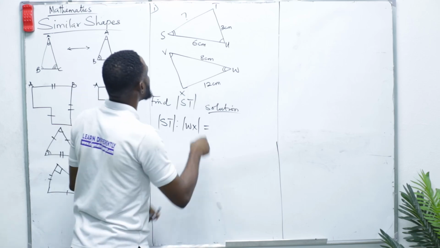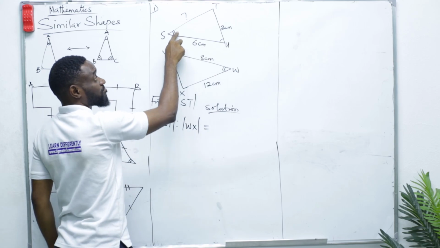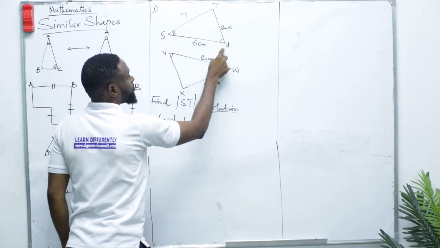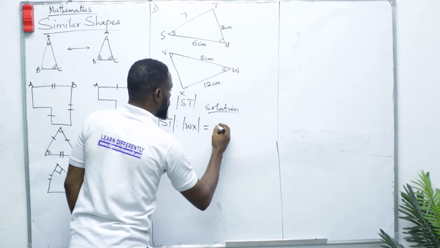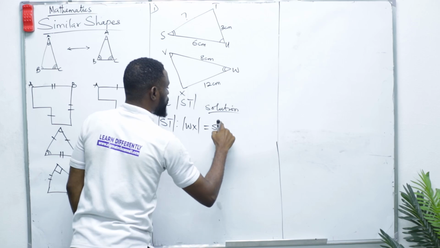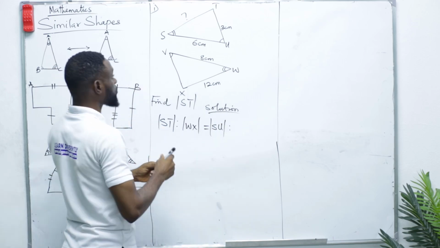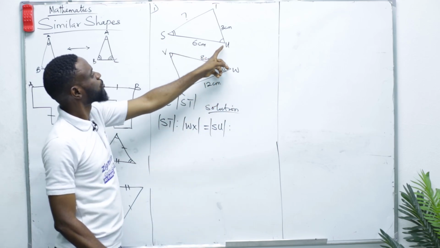So we are going to do double angle to single angle. On this side, that is SU, line SU, is to, on this side now, we said double to single.